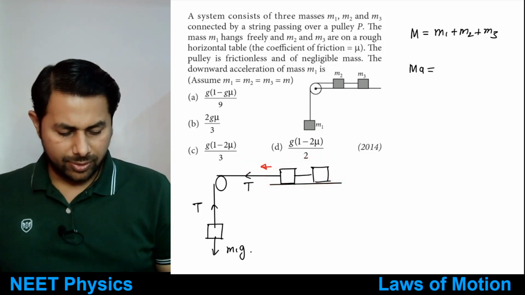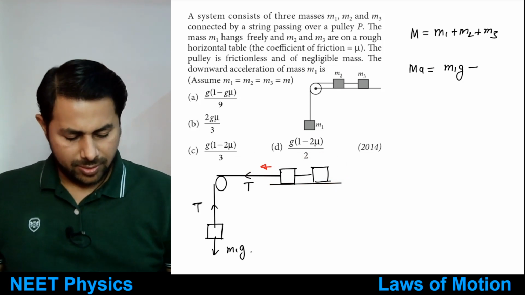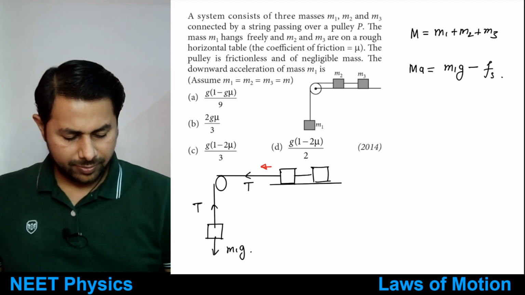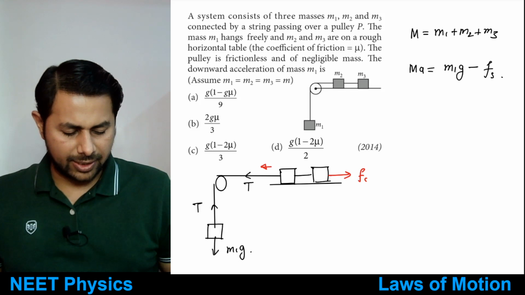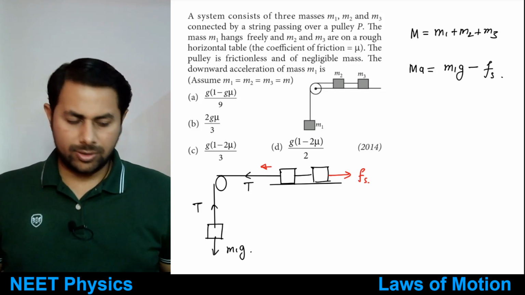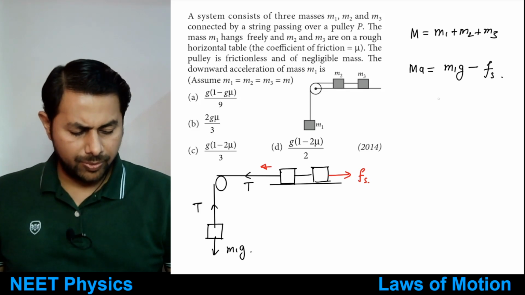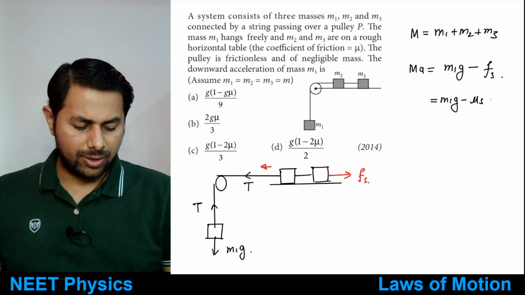So that is m1 times g minus what? The frictional force. What is opposing the acceleration? The frictional force, acting in this direction. So it is equal to m1g minus the frictional force, mu s multiplied by the normal reaction.